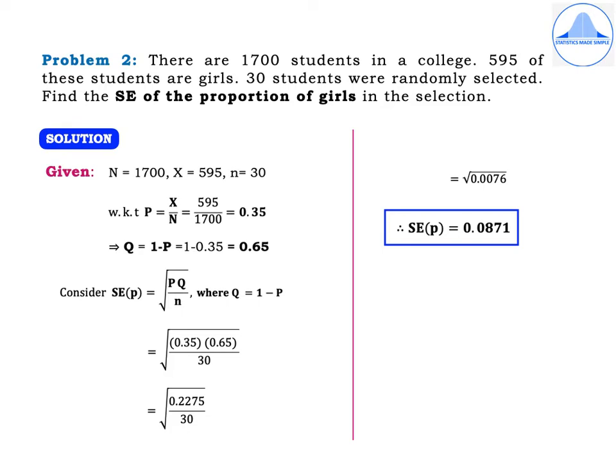Then write the formula for standard error of P, which is equal to root of PQ by n, and you know that Q is equal to 1 minus P. Substituting the values, you'll get root of 0.35 into 0.65 divided by 30, which is equal to root of 0.2275 by 30, which is equal to root of 0.0076. Therefore, standard error of P is equal to 0.0871.